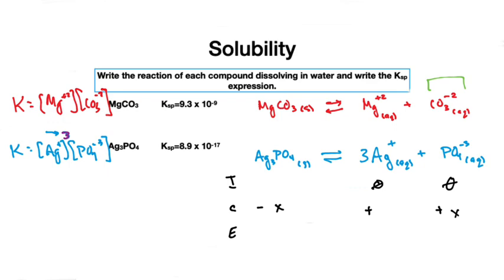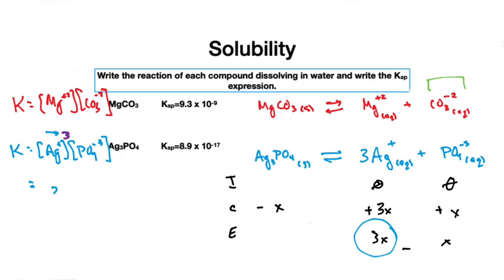When we go through and look at the silver, that's not 1-to-1, which means that's not plus X, that's plus 3X. Okay? The point of the ice table is to organize that flow so that you can kind of track it, so that when you now go back and look at your K expression, here, you could now sub in.